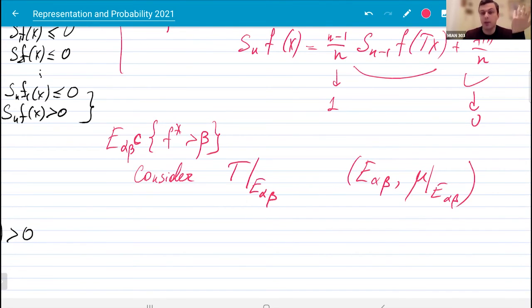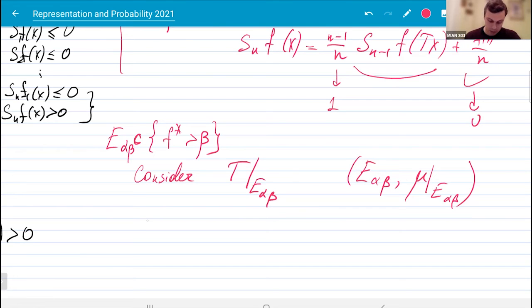So again, we consider E alpha beta and mu restricted to this E alpha beta. This is not a probability space. This is a space with measure that is also finite, but with some other constant. One can check that all that is written down is not changed when we rescale the measure. So I don't need to divide this measure by mu of E alpha beta. Everything works even without this scaling.